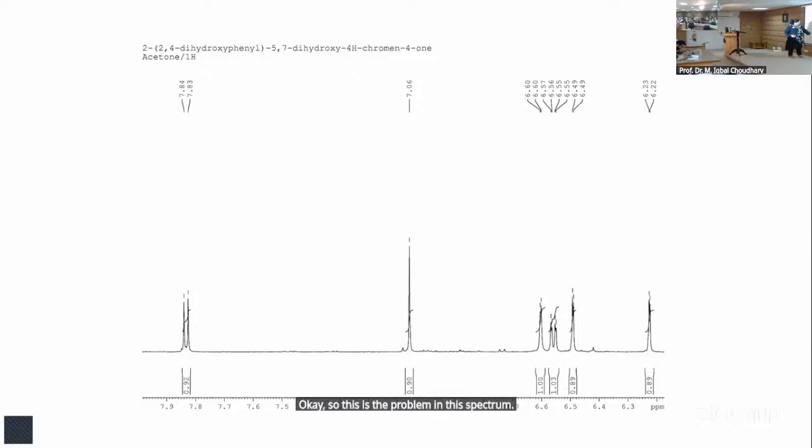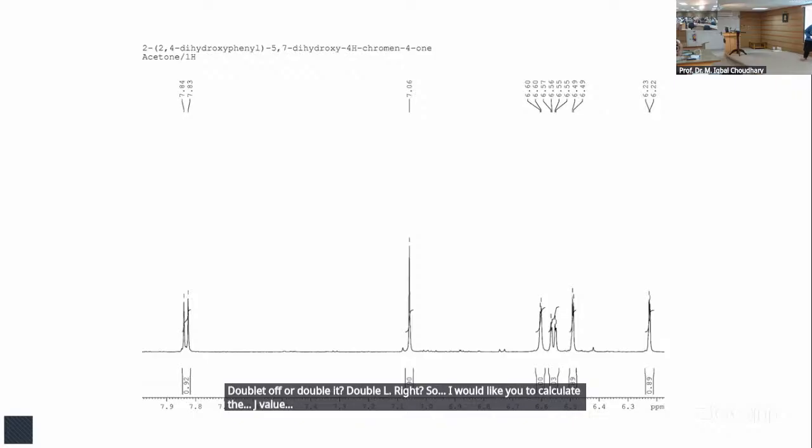Anyway, so here, this seems to be a doublet. Okay, and then 7.0 as a singlet. And what about B? Doublet of a doublet, double doublet, right? So I would like you to calculate the J value of this double doublet.